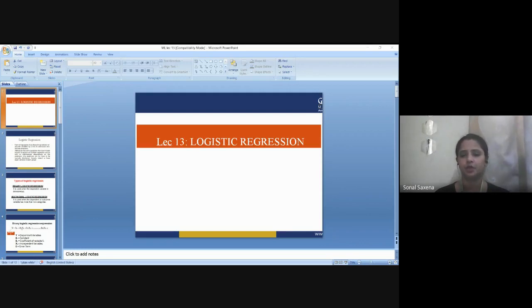But logistic regression output values lie between 0 and 1, which is basically a probability. So an output continuous value not in the range between 0 and 1 does not work with logistic regression.